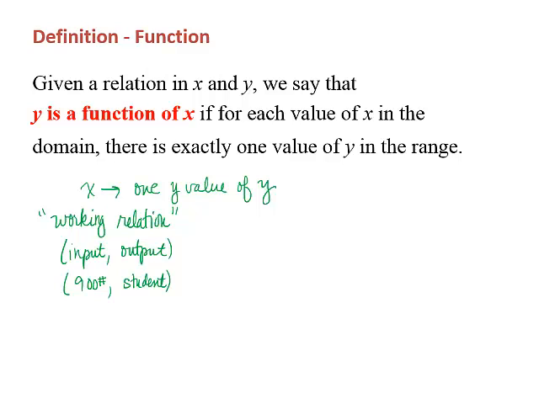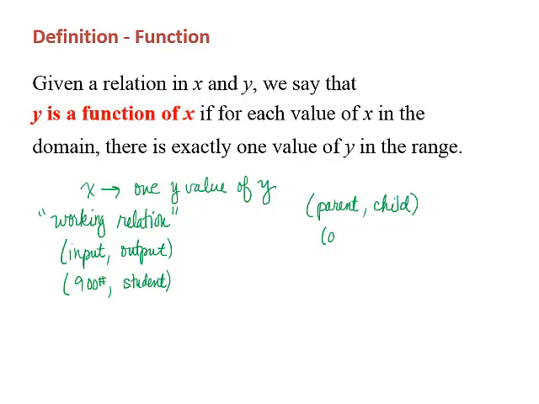So what would not be a working relation? Let's say that my x value is a parent and the y value is the child. If I input a parent, will it be just one child that they correspond to, or could it be more?